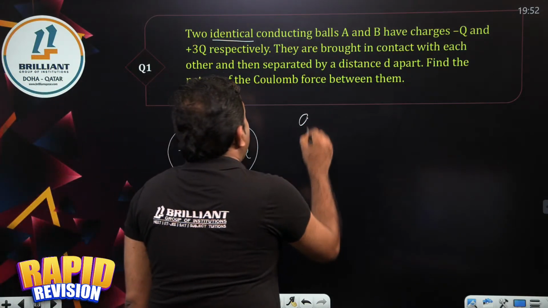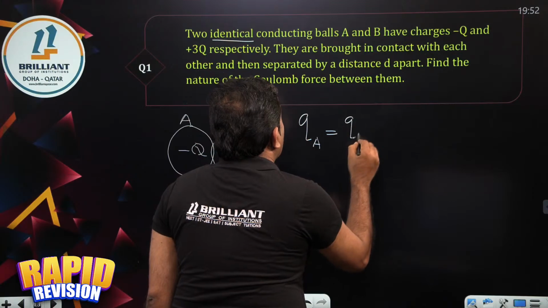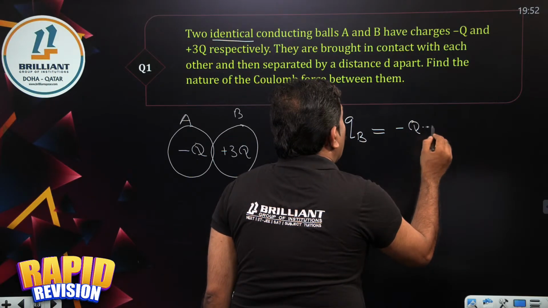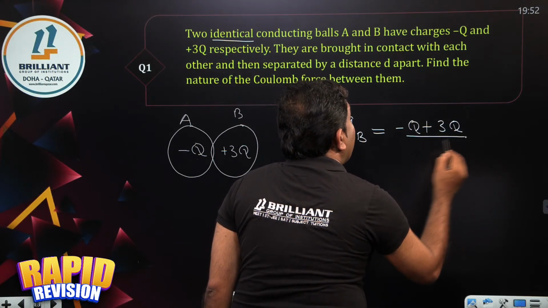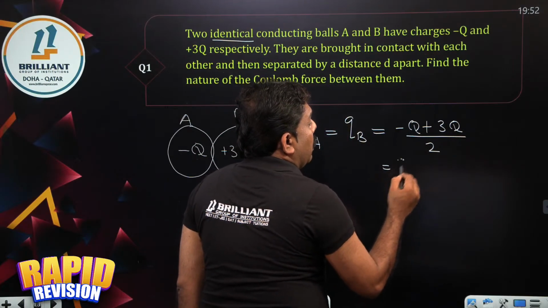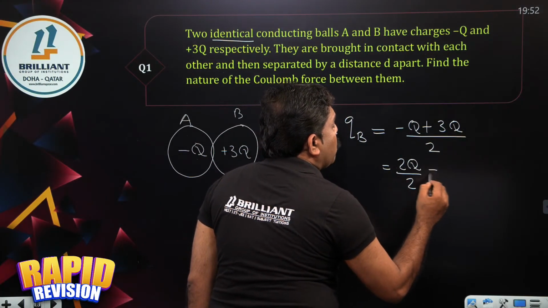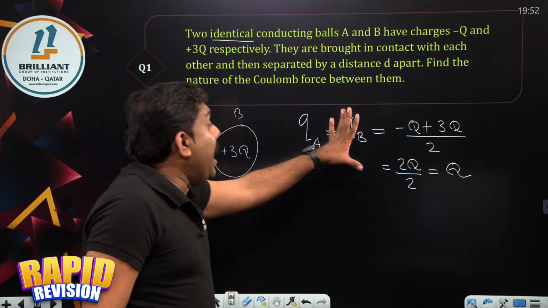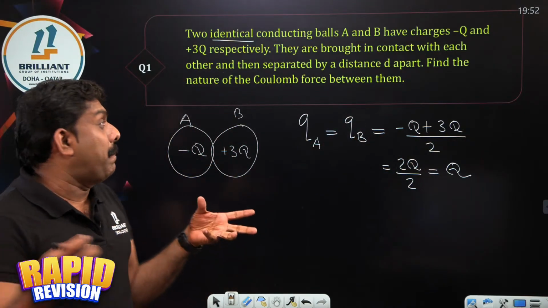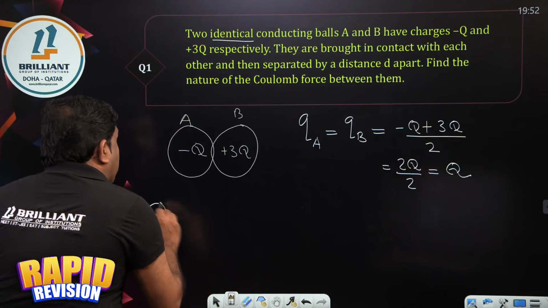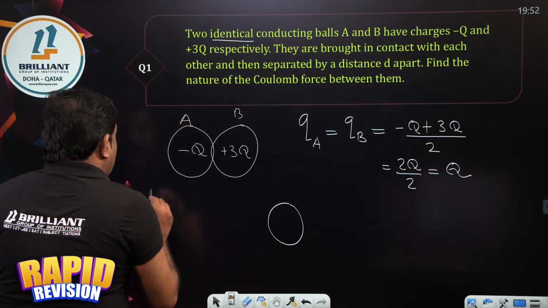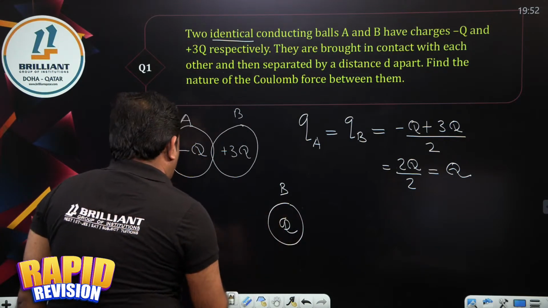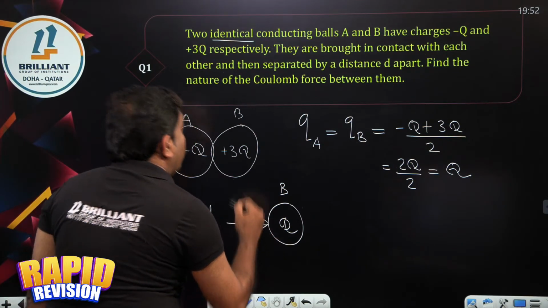So the charge on A equals the charge on B, which is minus Q plus 3Q divided by 2, that is 2Q divided by 2, equal to Q. So A has a positive charge and B also has a positive charge after they are placed in contact. Now they are kept a distance d apart, with charge of A plus Q and charge of B plus Q.